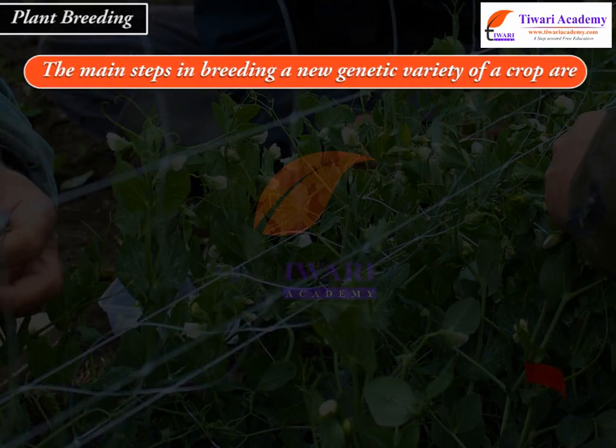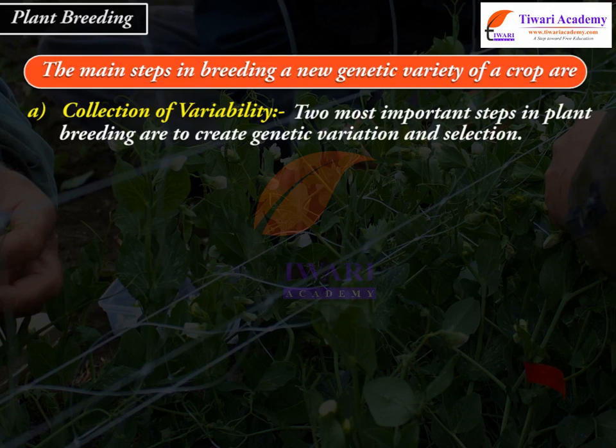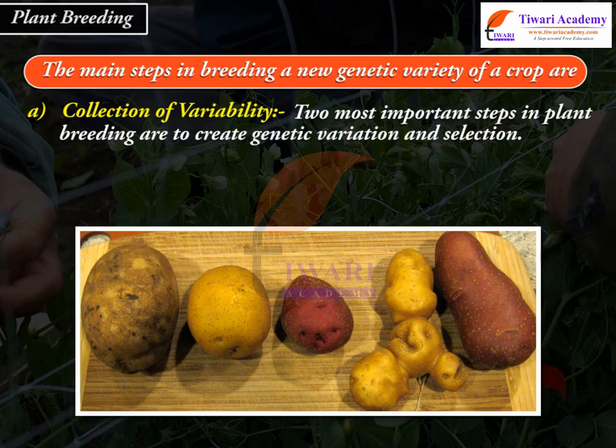The main steps in breeding a new genetic variety of a crop are: A. Collection of variability. Two most important steps in plant breeding are to create genetic variation and selection. Variation means differences among individuals of a population or species for a specific character.